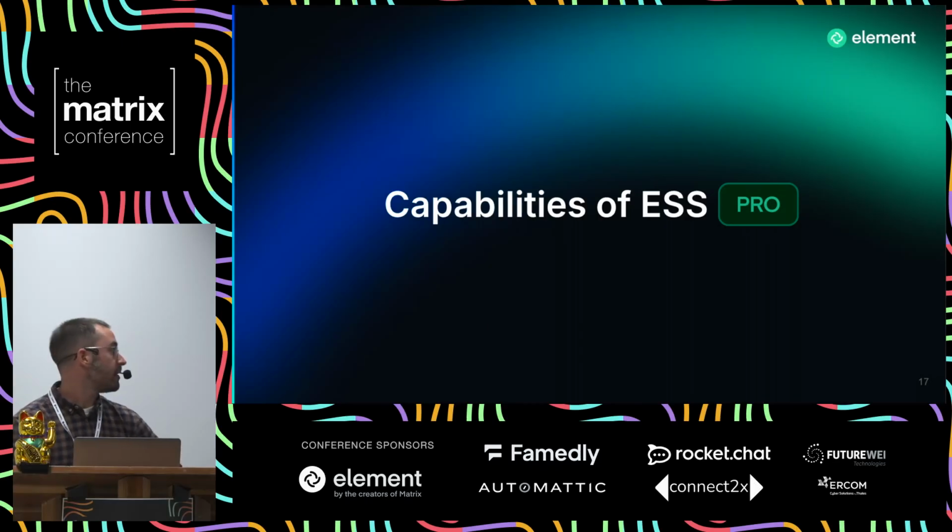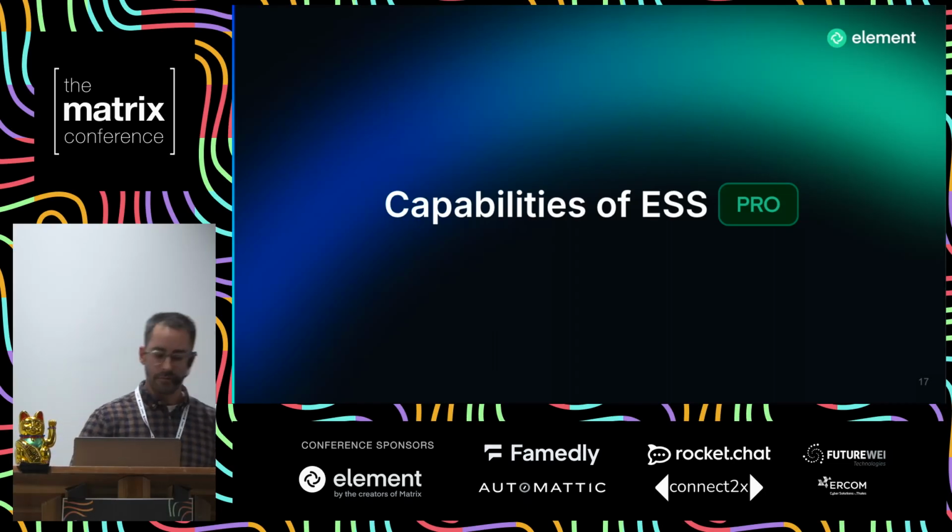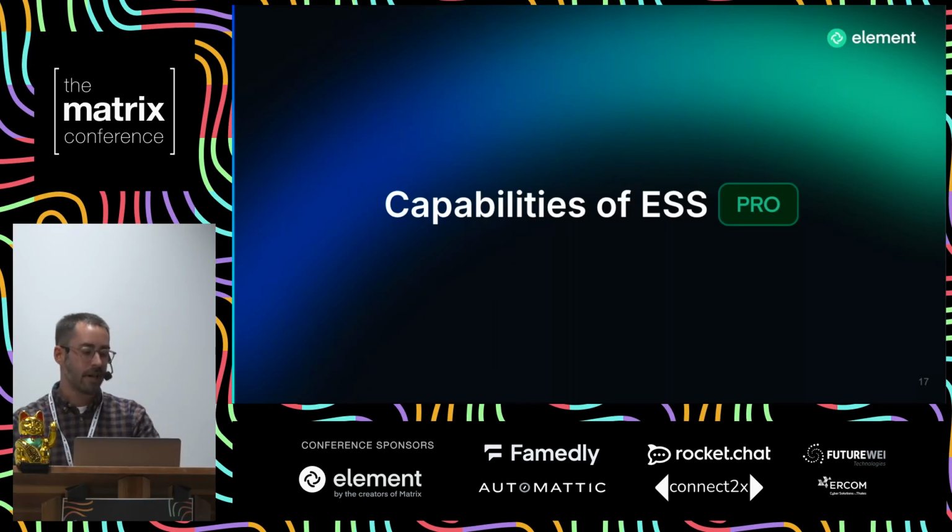So with that, we've seen all the 3 editions on a high level, and I'd like to use the remaining time of the talk to go through the individual components and capabilities that we have in ESS Pro.